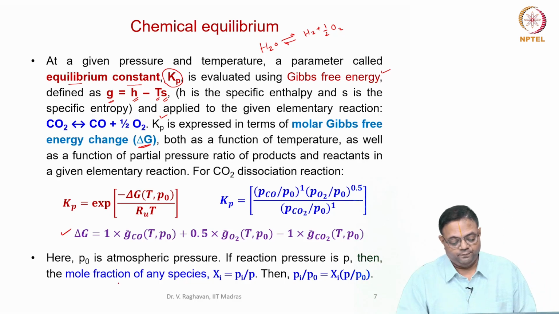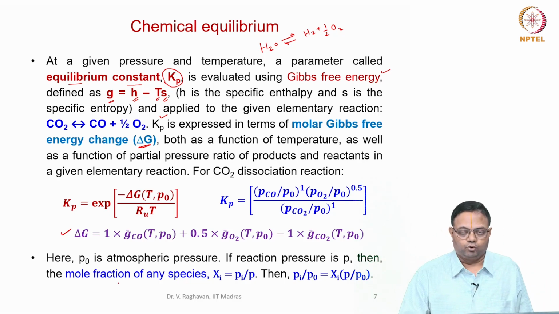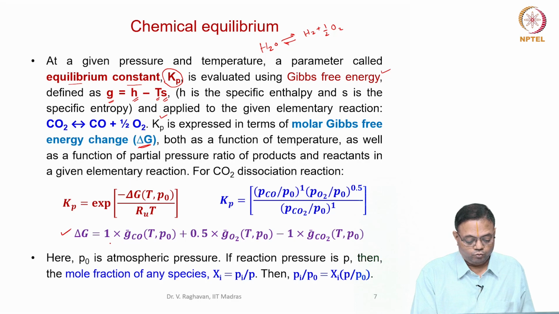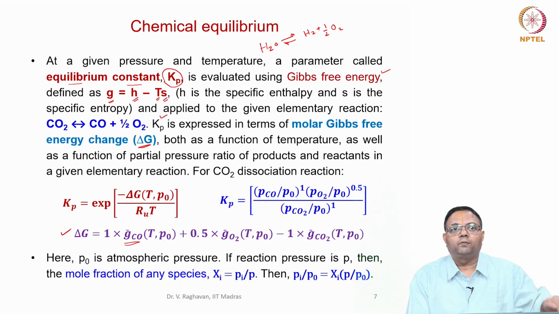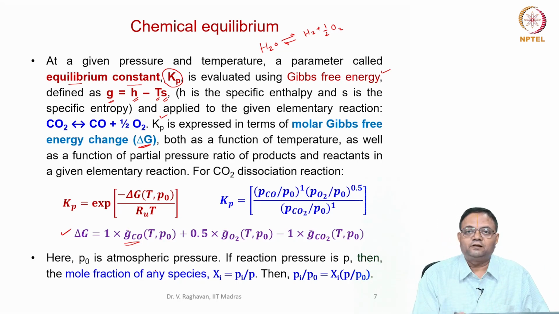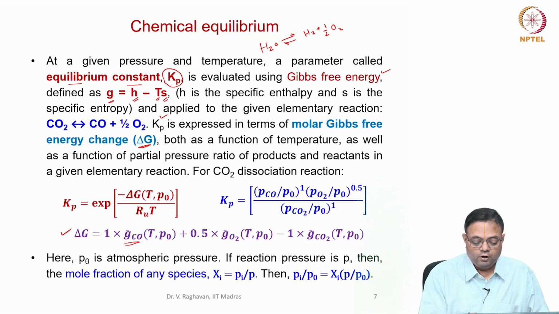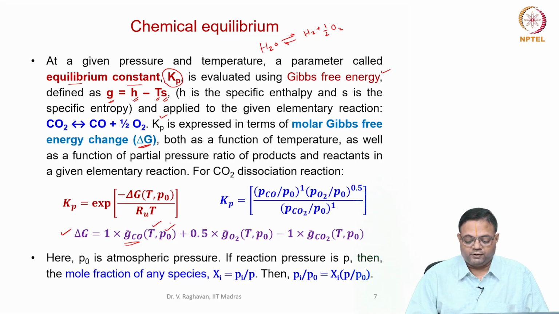So, I can say delta G will be equal to 1 kilomole of CO, so 1 kilomole into G_CO, where the overhead bar indicates that this is a molar based quantity, that is, specific per kilomole, at a given temperature and the atmospheric pressure P0.